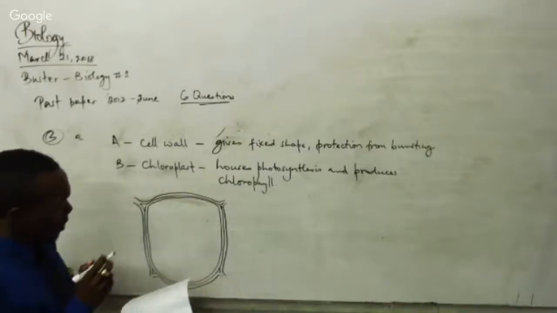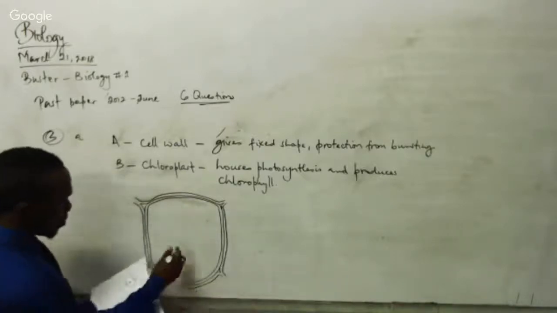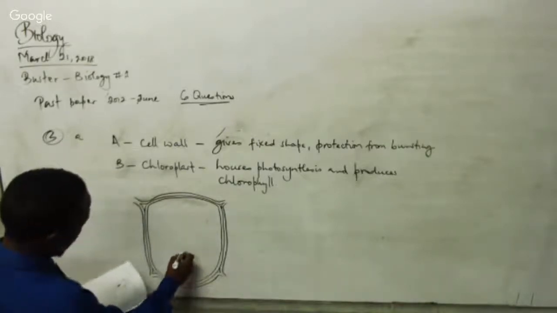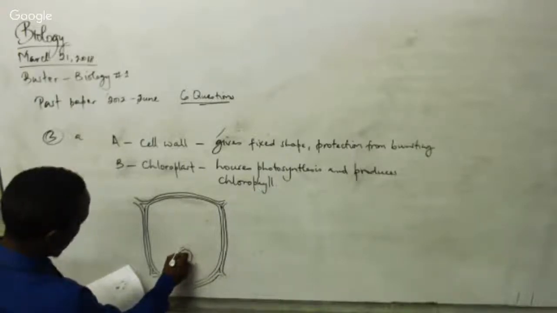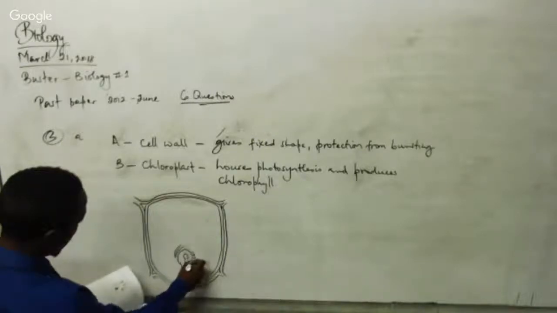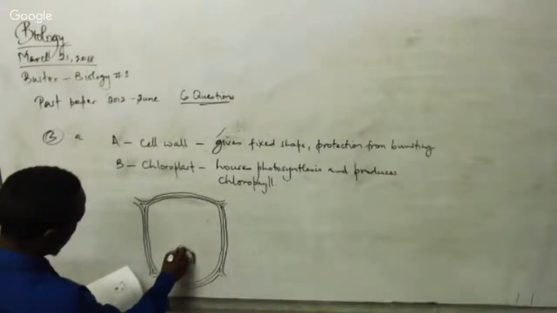So what you do, you try to draw back your nucleus where it was with the same size. And the nucleolus. And these things end up as a reticulum, rough and smooth.